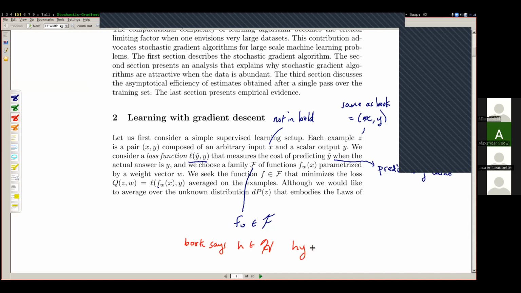The hypothesis and function are used interchangeably, and they're using function in this paper, so they use F instead of H.